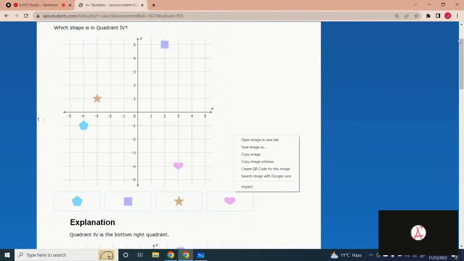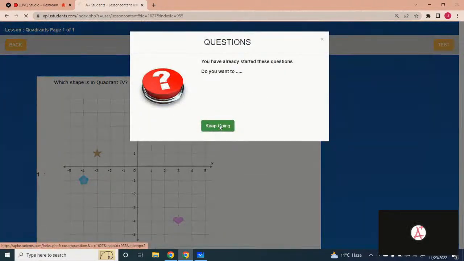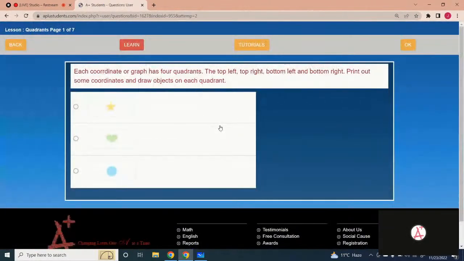Let's start with the practice questions. Each coordinate graph has four quadrants: top left, top right, bottom left, bottom right. Print out some coordinates and draw objects on each quadrant.